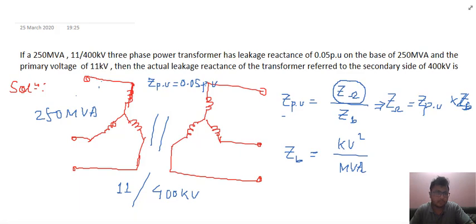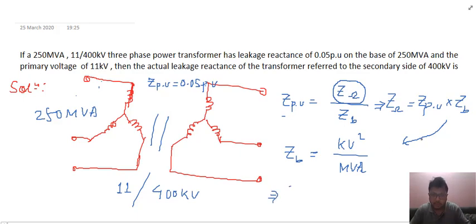Pardon me for the handwriting. So this Z base value we write. Okay, I will write here. So finally what will we get? Let me take a different color.